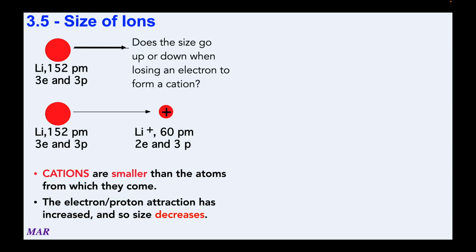So notice that 152 picometers for neutral lithium goes to 60 picometers for lithium plus 1. Cations are always smaller than the atoms they came from. You have more protons able to hold on to those electrons. Those electrons kind of shrink in a little bit. So cations are always smaller than the neutral atoms they come from.